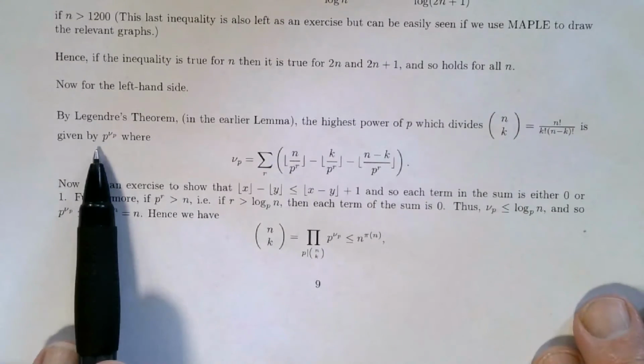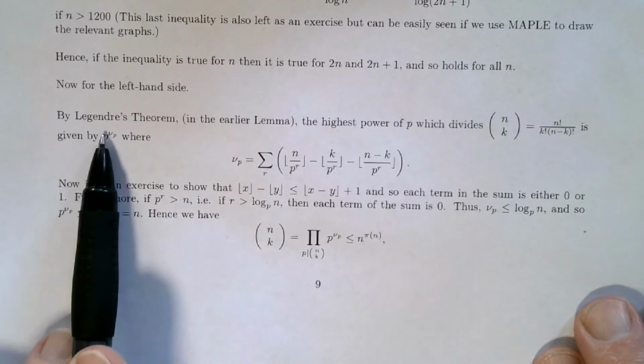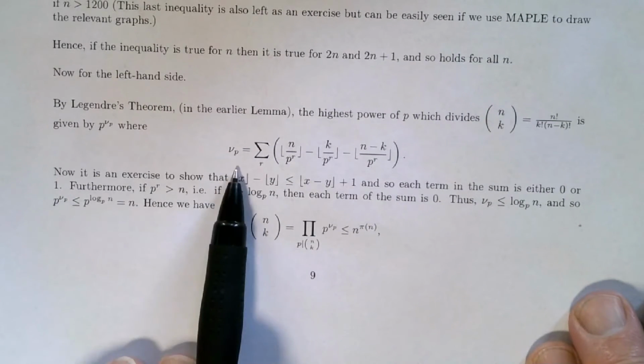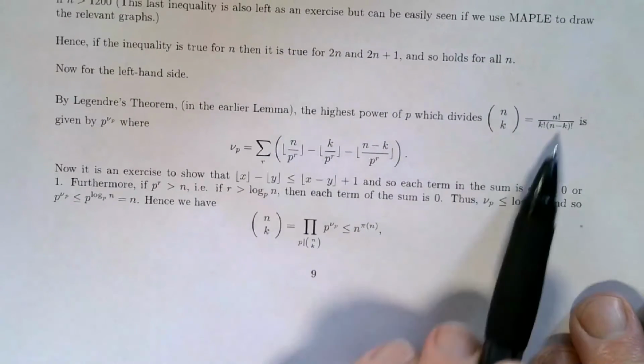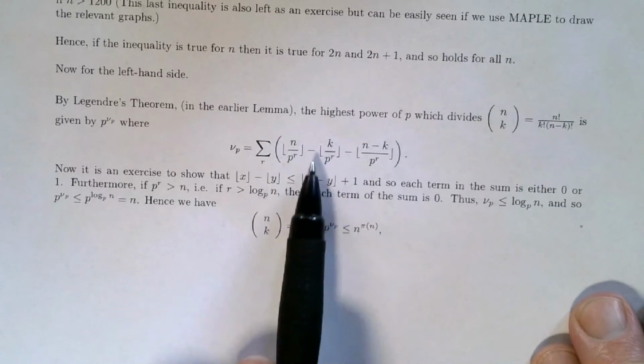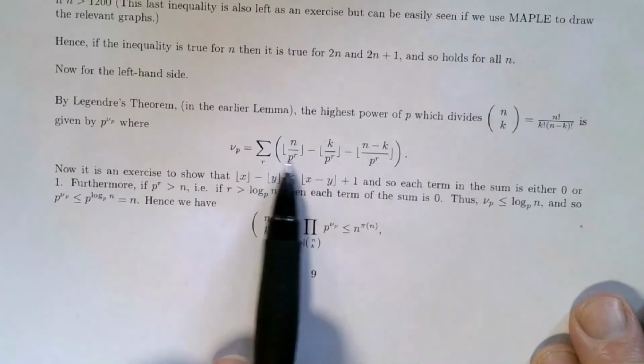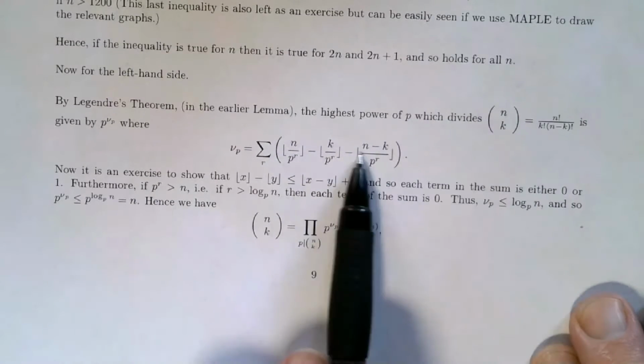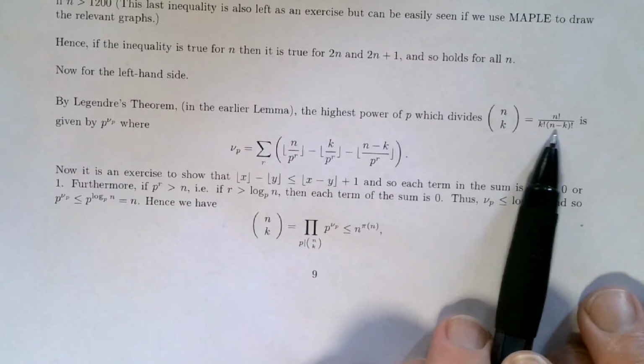And Legendre's formula then tells us that nu p is the sum of n, that's from the n on the top, divided by p to the r, take the floor, and then minus k from the k in the bottom, and n minus k from the n minus k here.